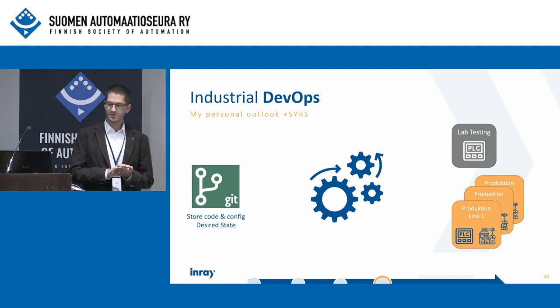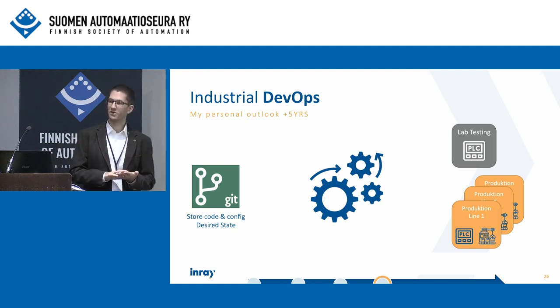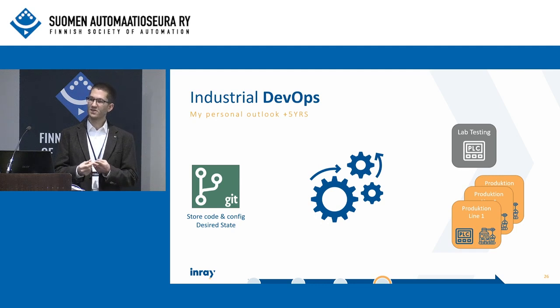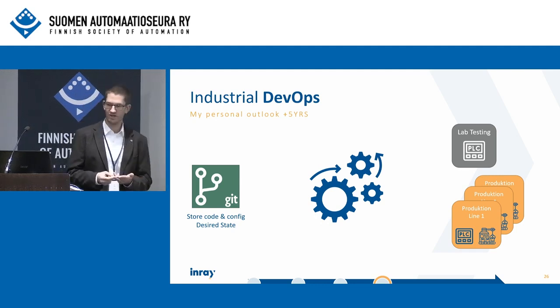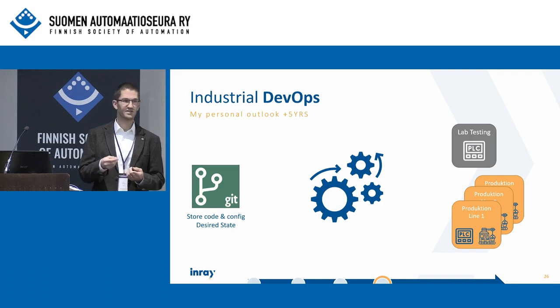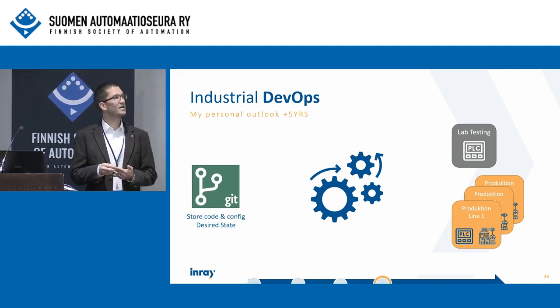This brings us to the possibility to use the branching model from Git, use a development branch, use a QA integration branch, and use a production branch. So the development process is done on the development branch. As soon as the development is completed, we can do a merge on the QA and integration branch.